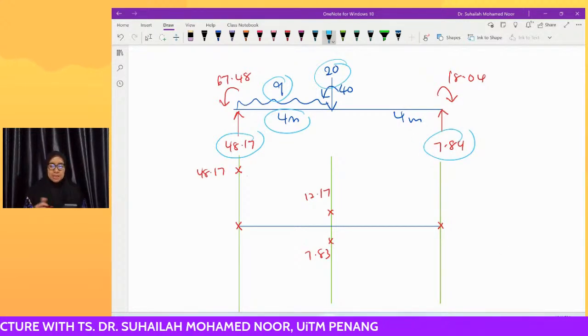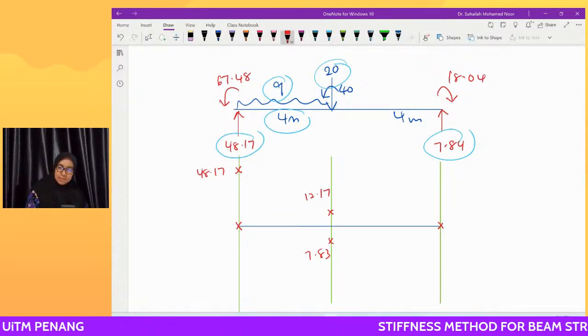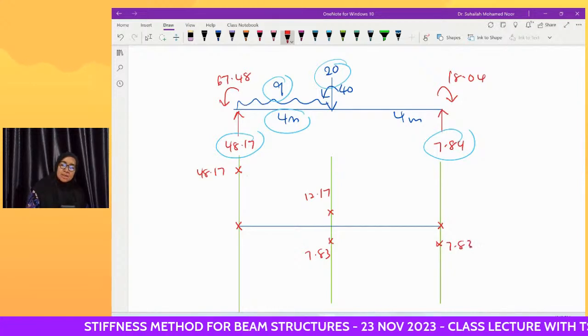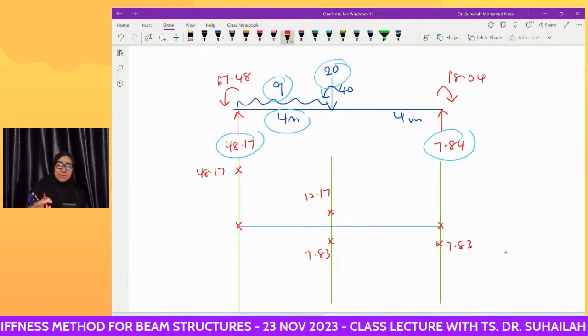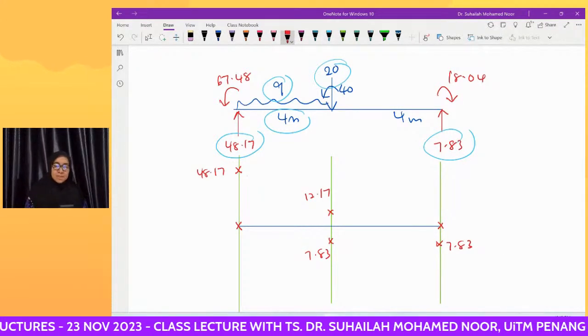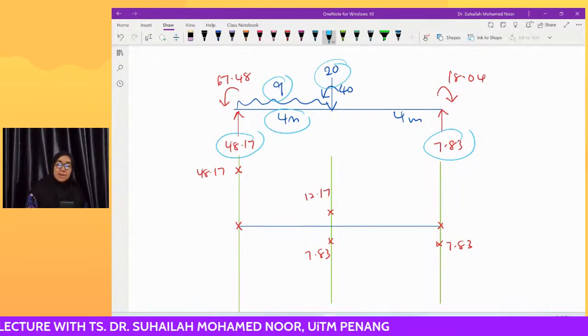Okay, so it looks similar, right? The point is here, 7.83. Then look at the arrow.